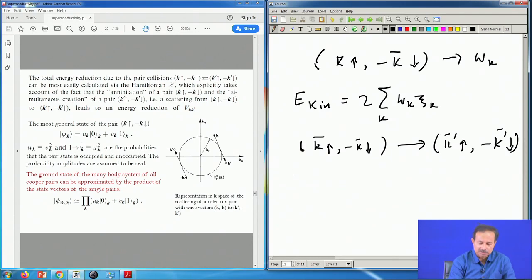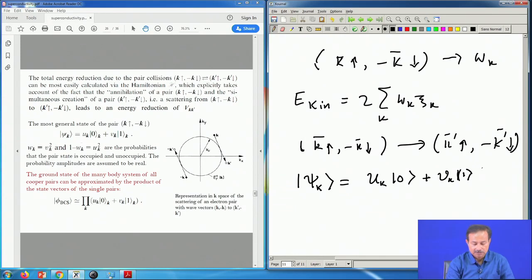So, what they wrote down was a wave function which is like this, uk times |0k> plus vk times |1k>. What do 0k and 1k mean?